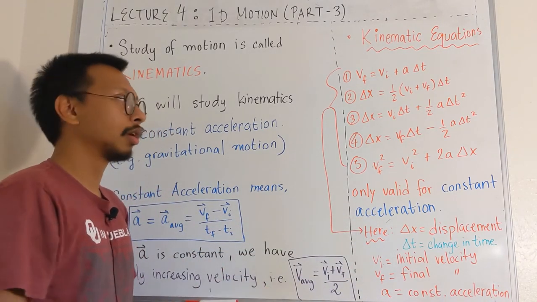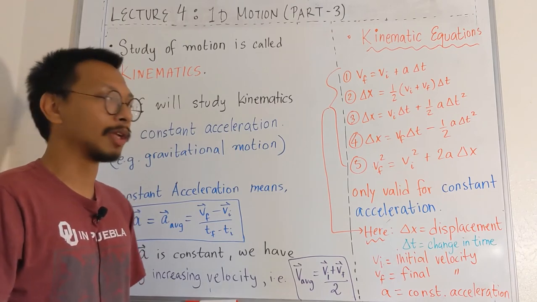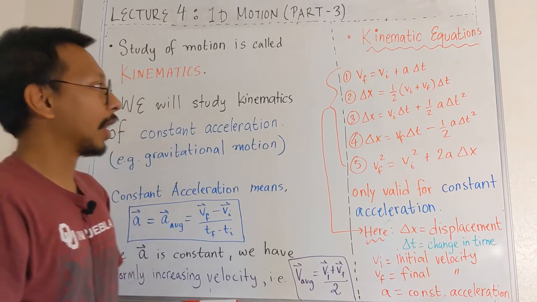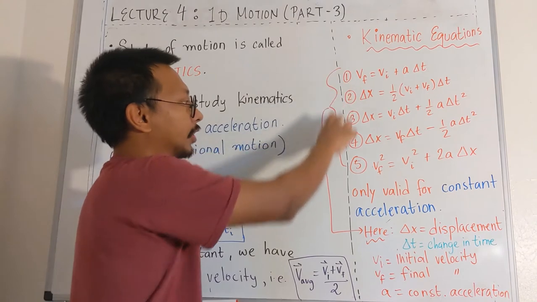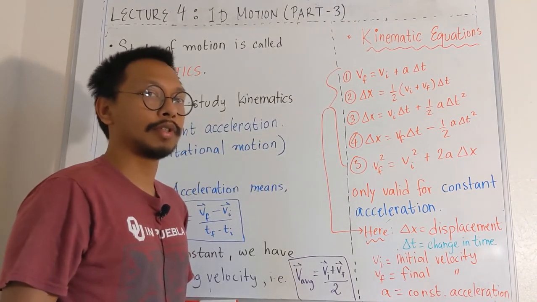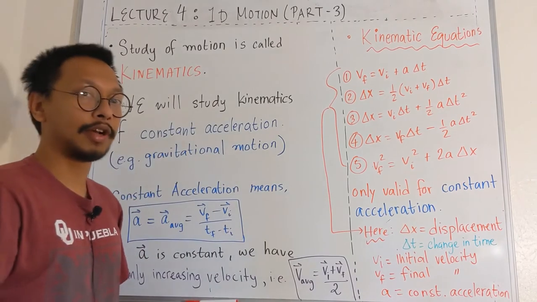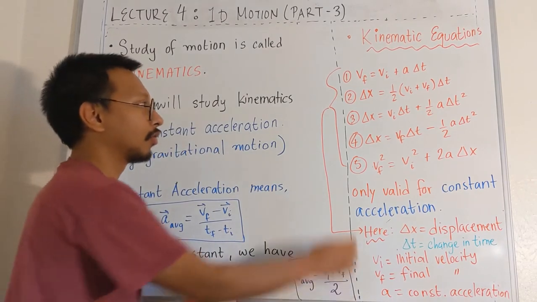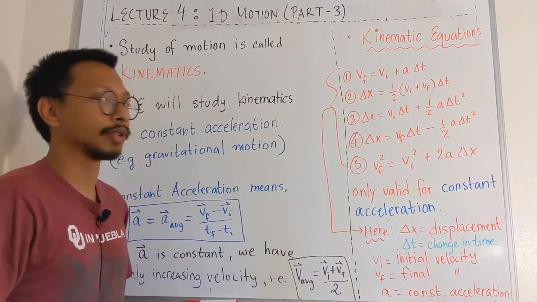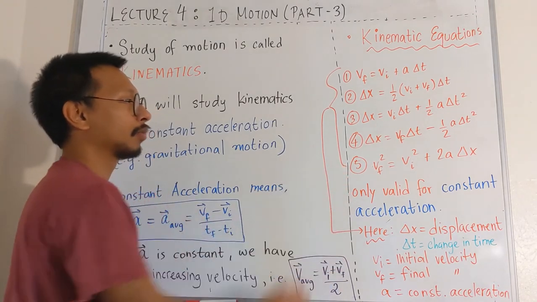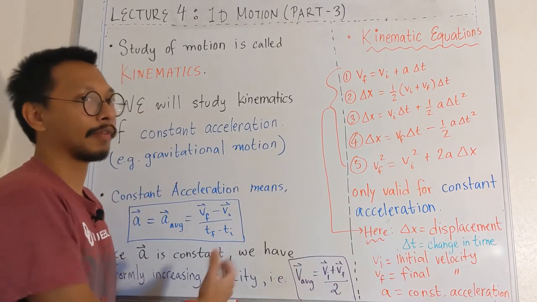We will see in examples what we mean by that more clearly. And the most important thing to realize about these 5 equations is that they are only valid for constant acceleration. So if acceleration is changing, then you cannot use these 5 equations in problems to solve for any of the variables.